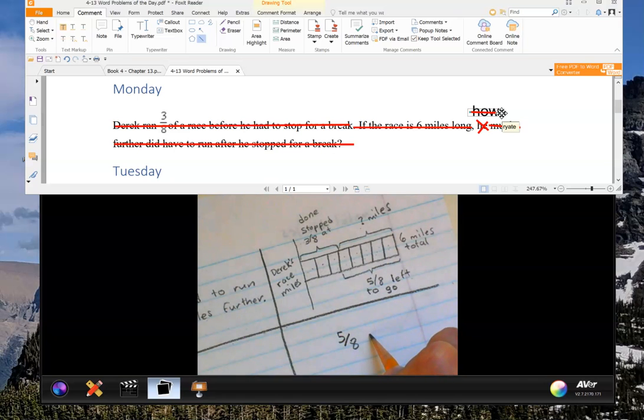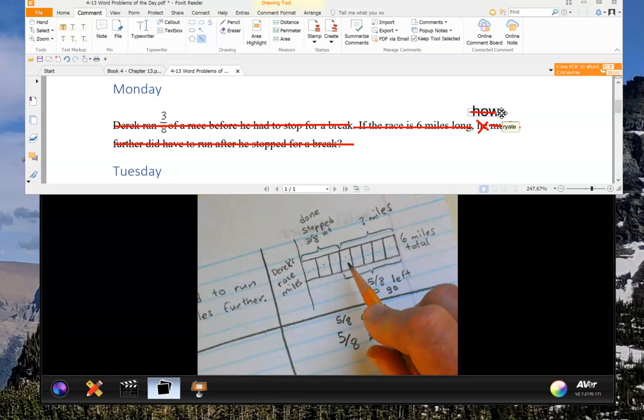So I can put a multiplication there. 5/8 of 6 is the same thing as saying 5/8 times 6. And that's going to give me my question mark right here.